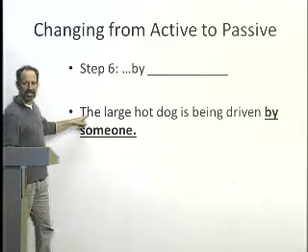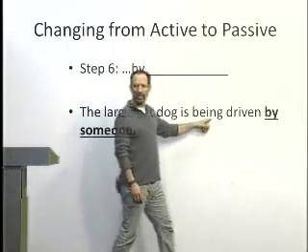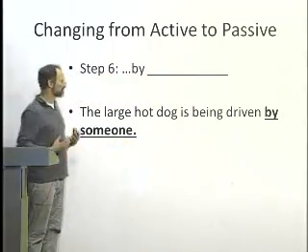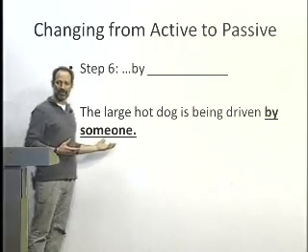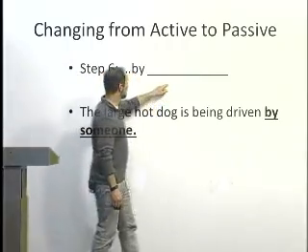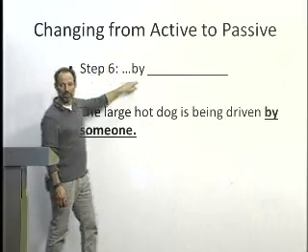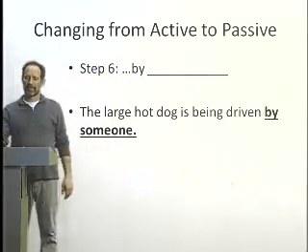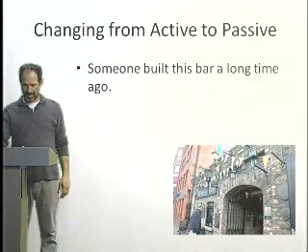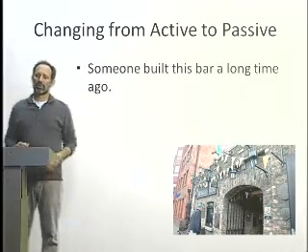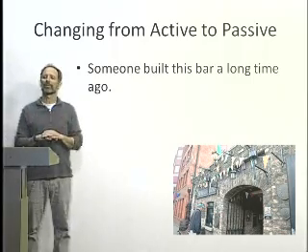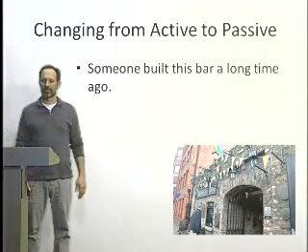I have the large hot dog is being driven by someone. I put the subject after the verb, and the subject comes with the word by, by someone. So one thing about the by phrase is that we don't always have to include it.